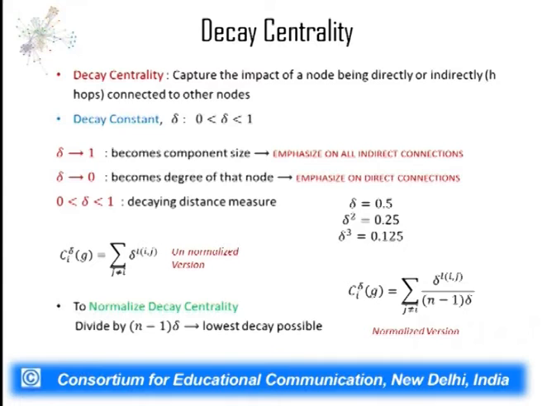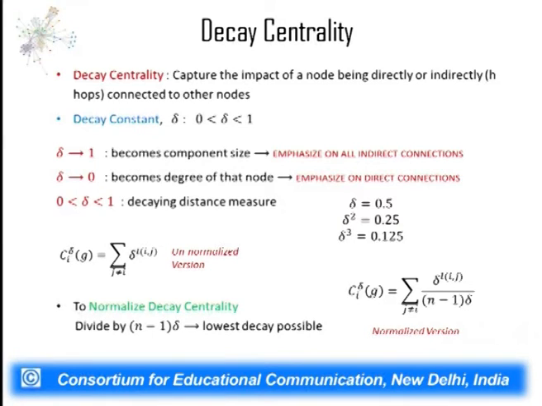So it is all upon your experimentation what values you want to put, and you can get a different output every time you set the value of delta differently. Its formula will be C_i(delta), the summation over all the shortest paths, but this time we are raising delta to the power of the distance.